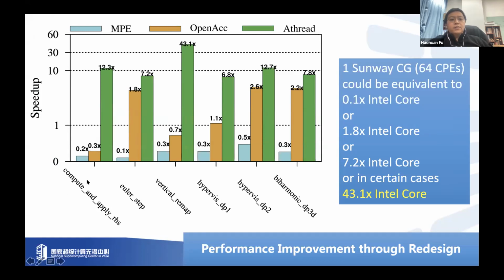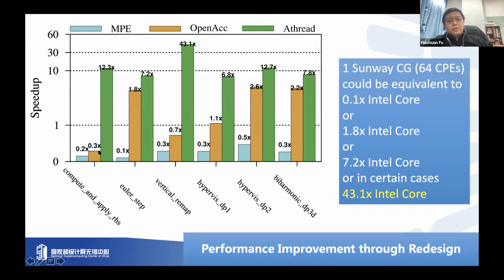You can see, as the Sunway core is much simpler than the Intel cores, the performance is only 1/10 to 1/3 of what you would achieve on an Intel core. The second bar is after the OpenACC-based refactoring. We start to see some performance improvement, but it's not so impressive if you think about that we're actually using 64 computing cores to do the computation.